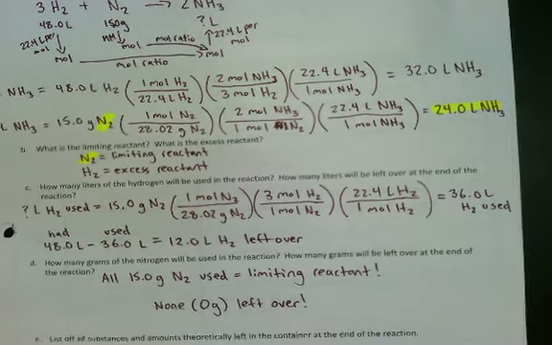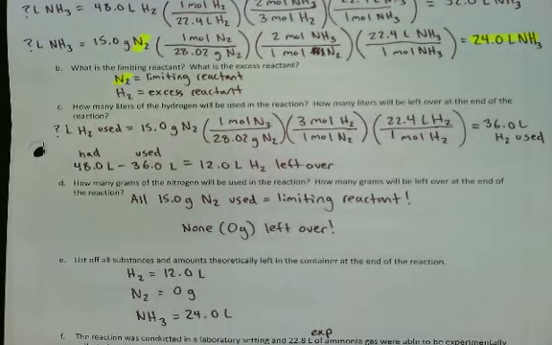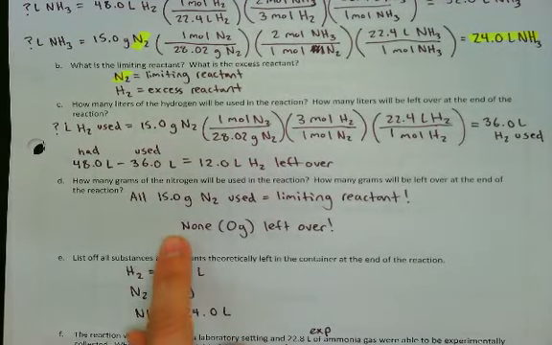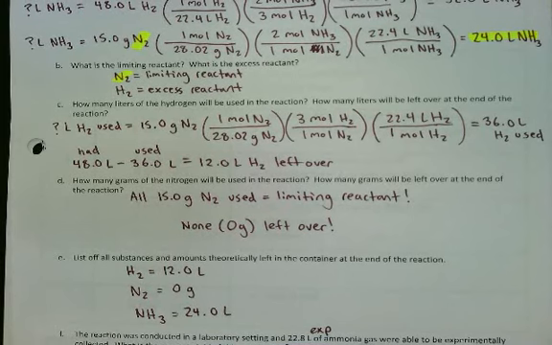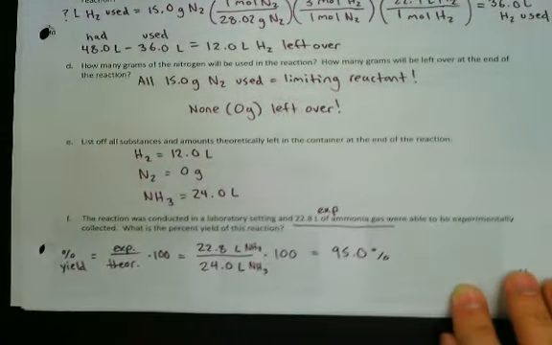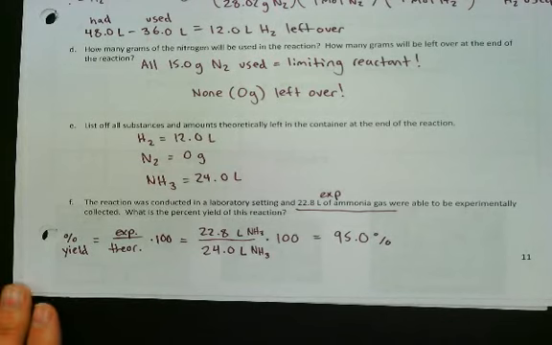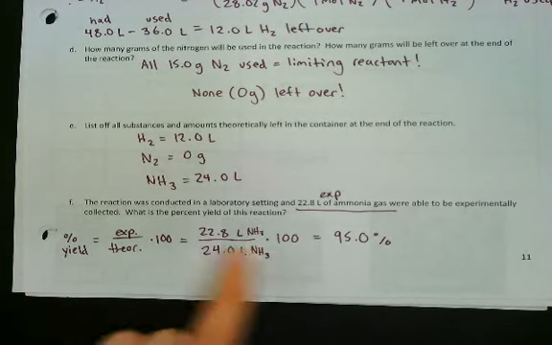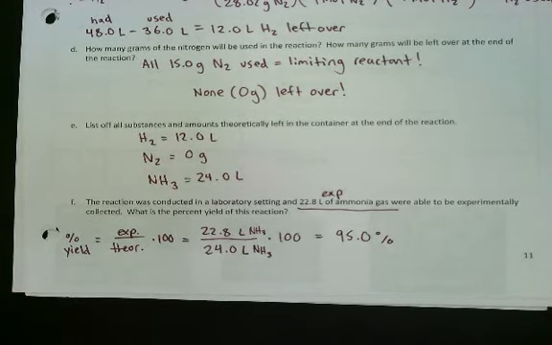You can figure out how much you have left over. And right here, we have our nitrogen. We're going to use all of it. None will be left over. And then we can figure out how much we have left in our container at the end of our reaction. And then our percent yield.